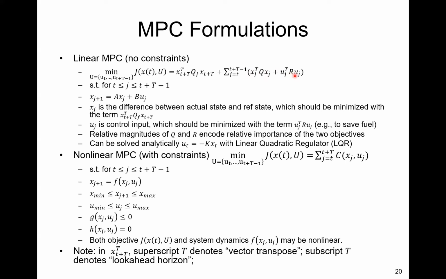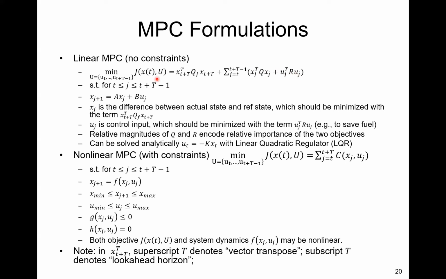If your R is very large, then it means that you care about your control input. You should minimize your control input. You should try to save energy. So setting the relative magnitudes of Q and R allows you to trade off between performance and energy efficiency.